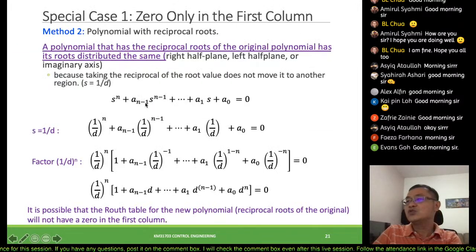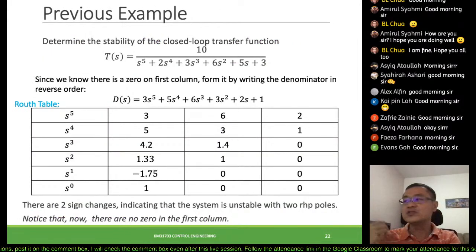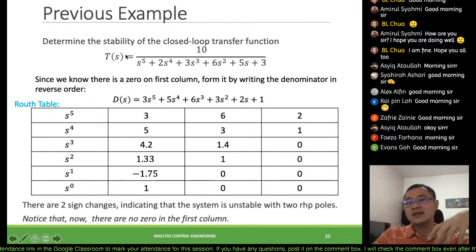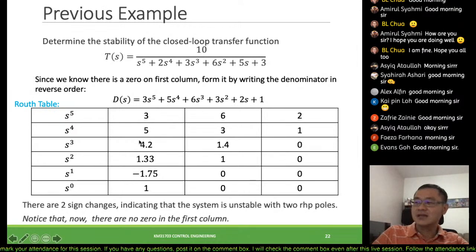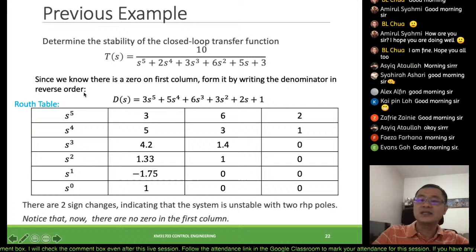So what we do now, when we reach that kind of situation, using the second method, we just rearrange this polynomial. First you can try until you see 0, you reach any 0 over here, then you just redo it by taking the reverse order of the coefficients.